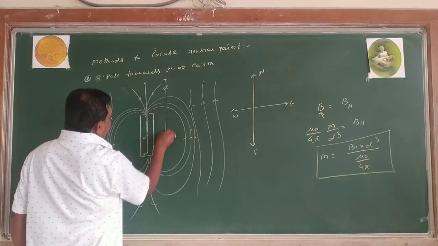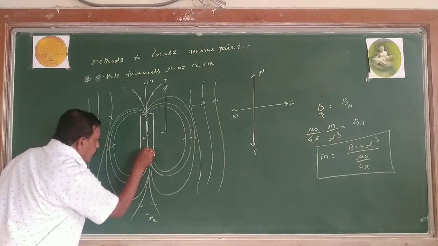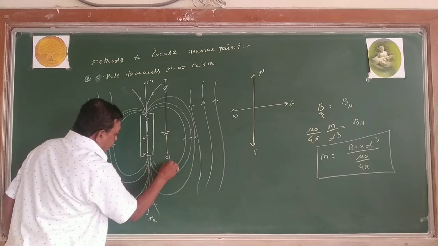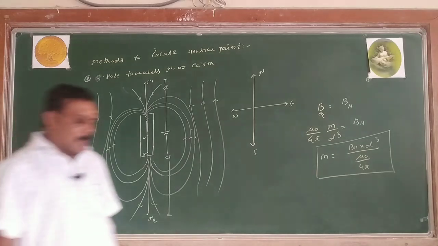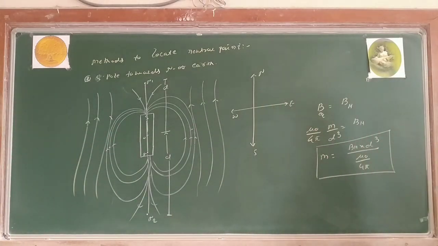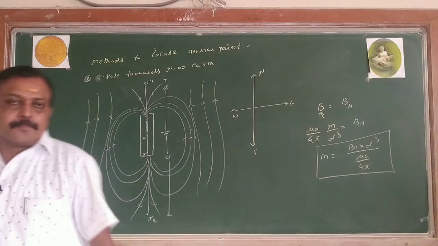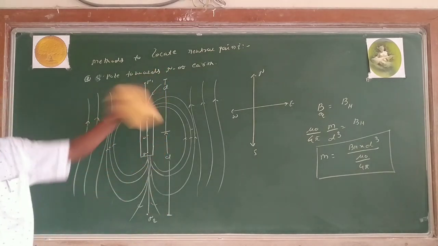This is N1 and this is N2. The neutral points are available on the axis, that is, on the axial line. Earlier, when not towards the north of the earth, it was the equatorial line. The equation is there. Now here it is on the axial line.